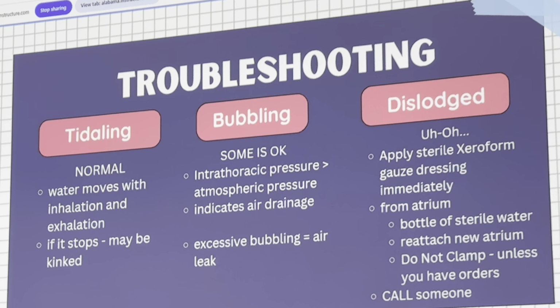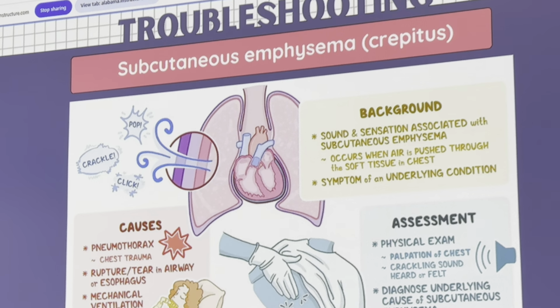As I'm troubleshooting these types of things, I start with my patient, and then I work my way down. Start with your patient first, work your way down. All right? Please know your troubleshooting. How would you fix this if you had some type of issue with your chest tube? If you're able to fix it, do you still call someone?